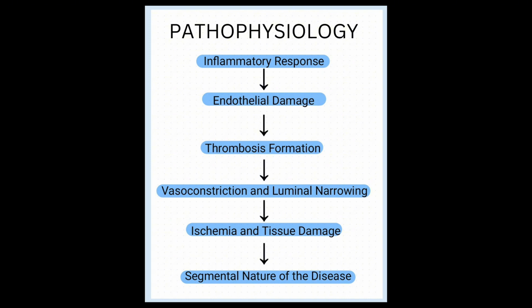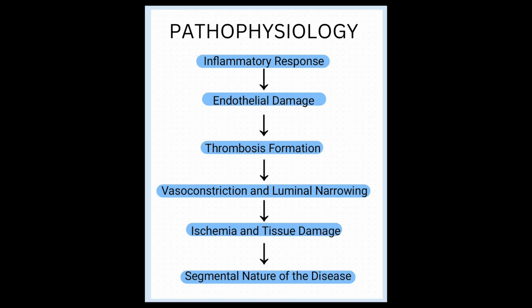For the endothelial damage, the inflammatory process damages the endothelial cells lining the blood vessels. This damage can lead to dysfunction of the endothelium, disrupting its normal role in maintaining blood vessel tone and preventing clot formation. Thrombosis formation occurs as a consequence of the inflammation and endothelial damage.